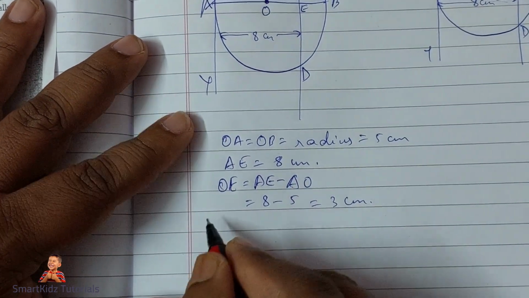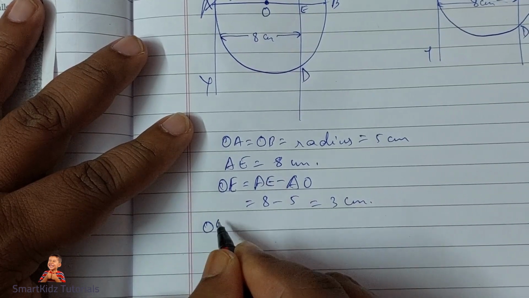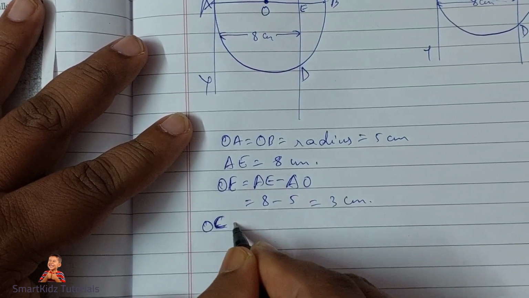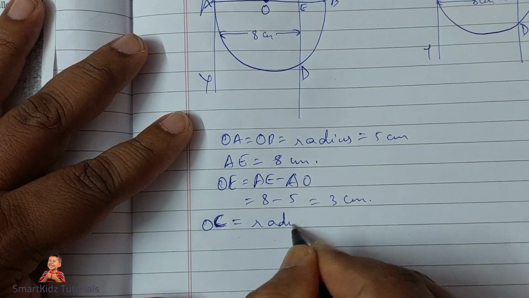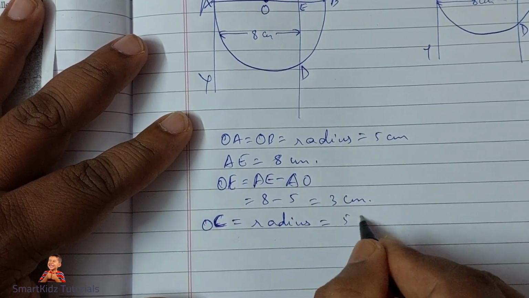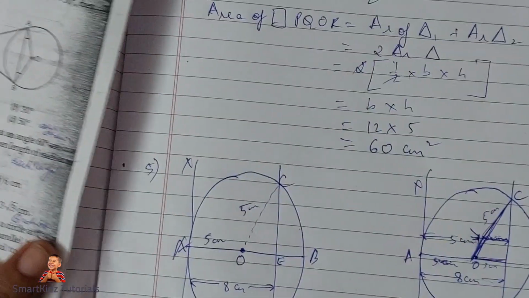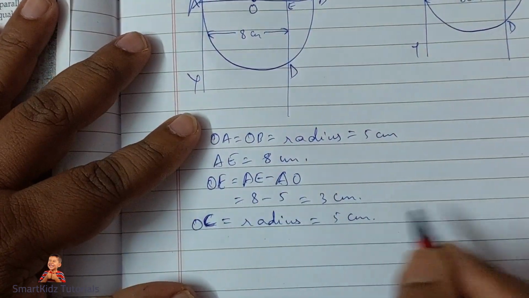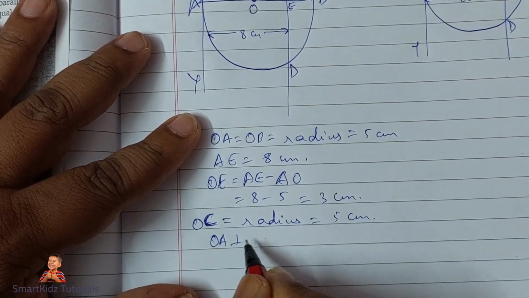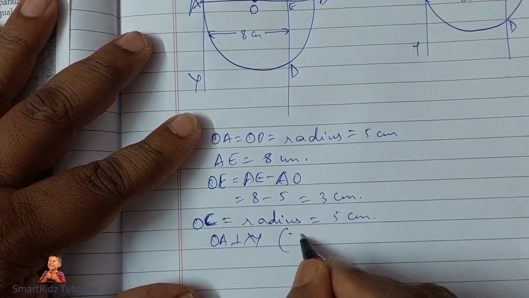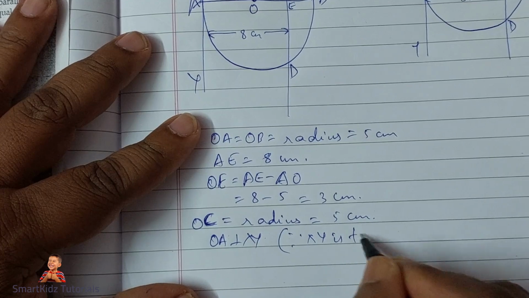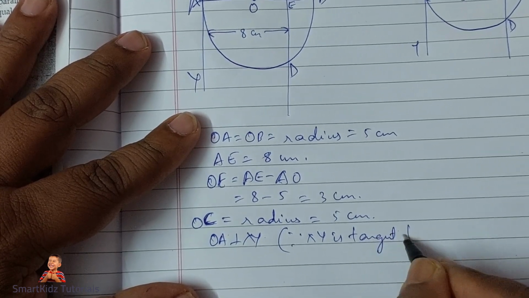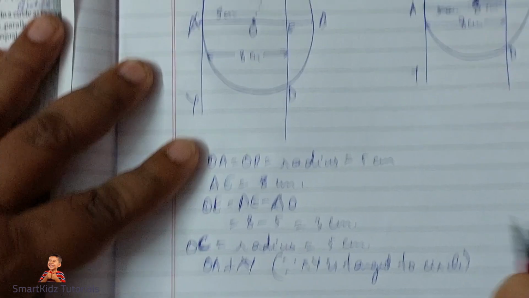Next, OC is the radius of the circle, so hence 5 centimeters. OC is here. Then we say OA is perpendicular to XY, since XY is a tangent to the circle.